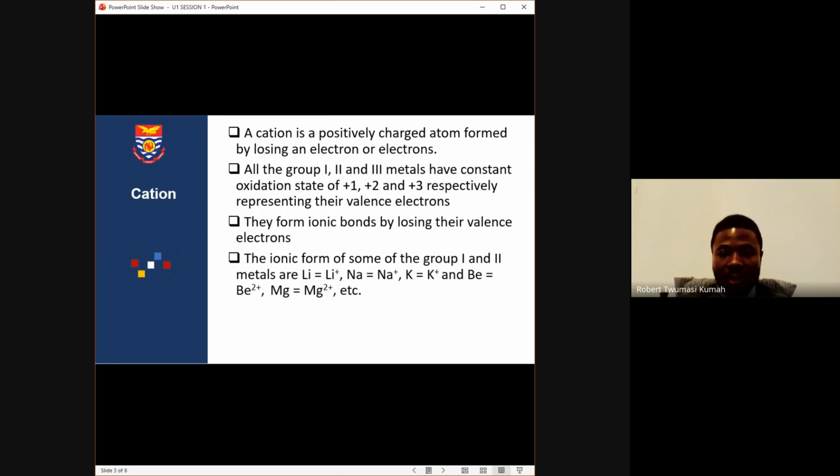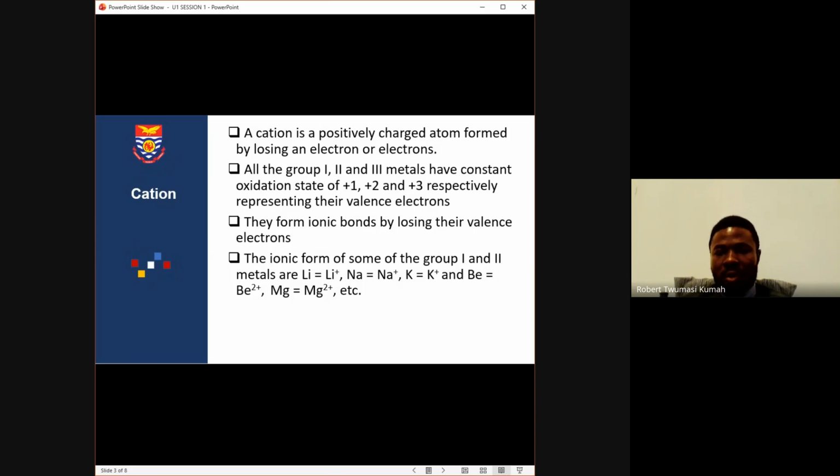For example, if we have group 1, it means that all the elements in group 1 have just 1 electron in their last shell, or in the valence shell. If we have group 2, it means that there are only 2 electrons there. If we have group 3, there are only 3 there.